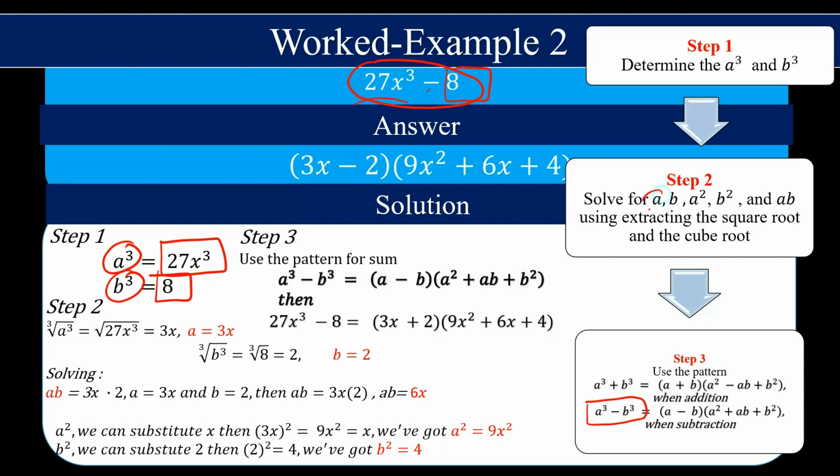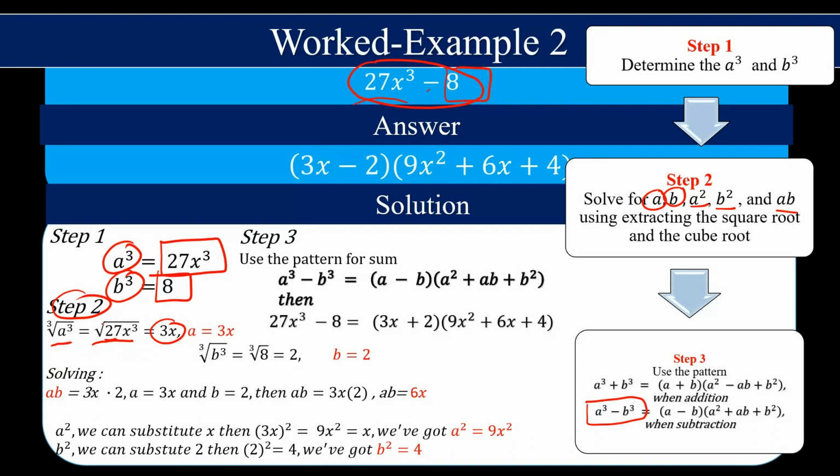We will look for a and b, given a cube and b cube. We can get a and b by taking the cube root of each. Here, let's focus on step number 2. The cube root of 27x cubed is 3x, because the cube root of 27 is 3.